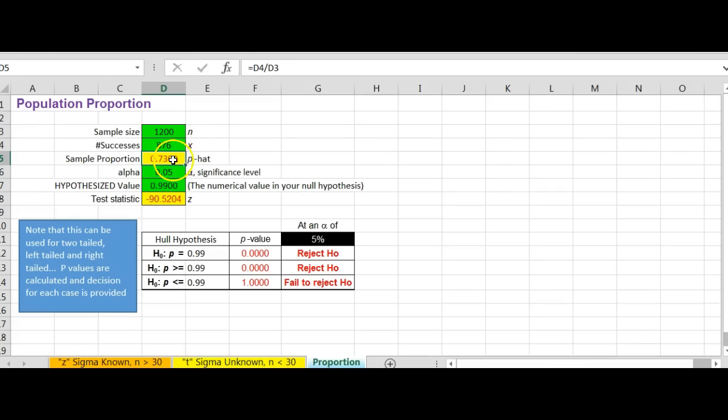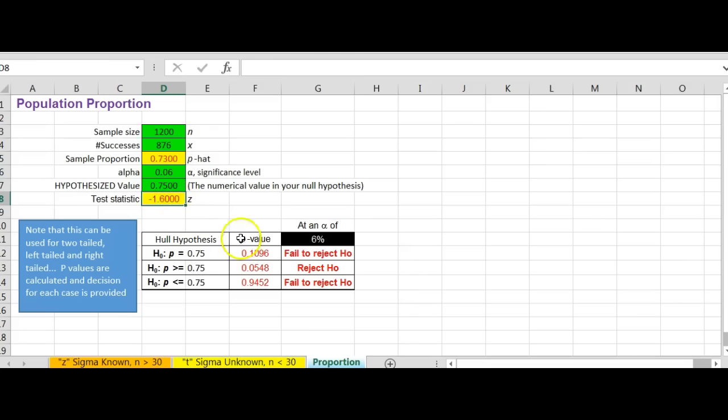But don't mess with the yellow cells. What was my alpha here? A 0.06 level of significance. The hypothesized value was 75%, so I would enter 0.75.